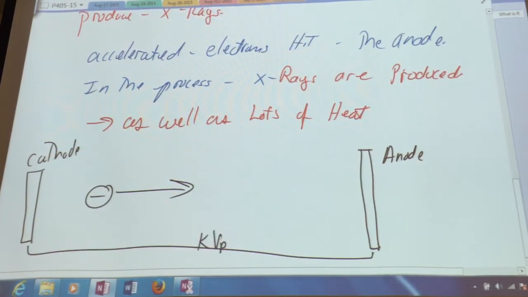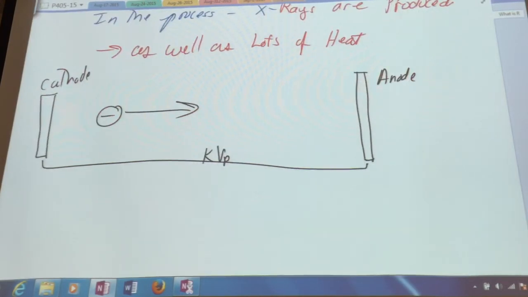So we have some kVp between the cathode and anode. The electron is screaming towards the anode, and it collides with the anode. Now, what is the anode really? It is rotating, but any guesses as to what the anode really is?